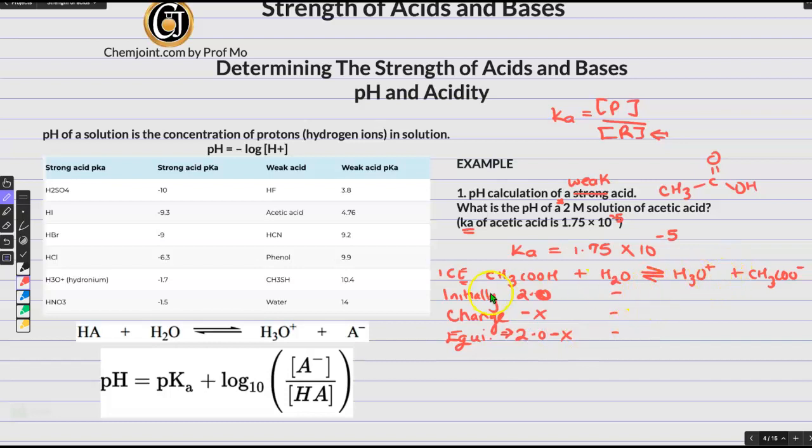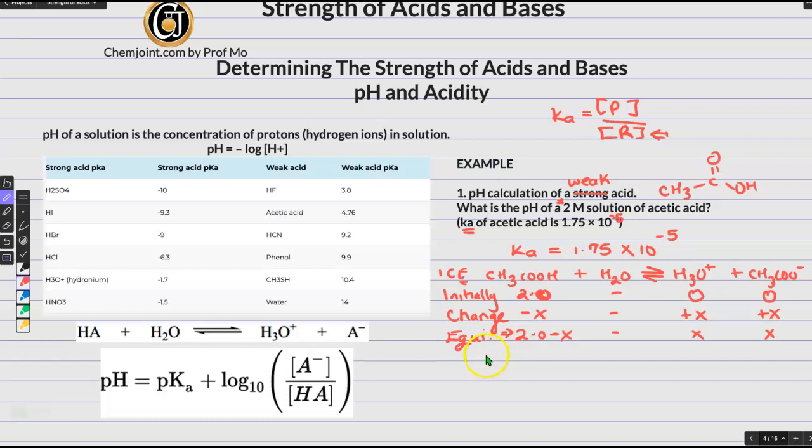On the product side, initially we have not formed any hydronium, we have not formed any acetate, but when the acetic acid changes concentration by a value of x, this will increase by a value of x, this will increase by a value of x. So at equilibrium, you add 0 and x, the change, you'll get x here and x there.